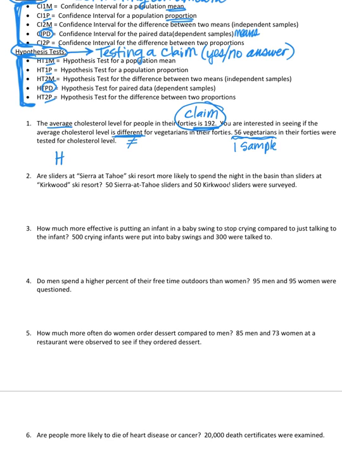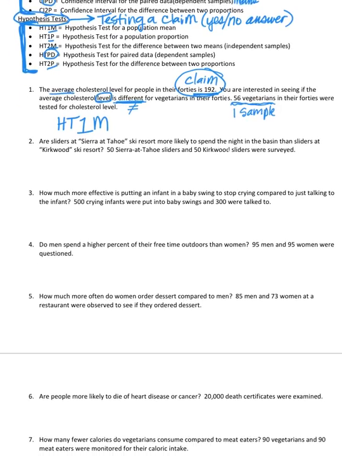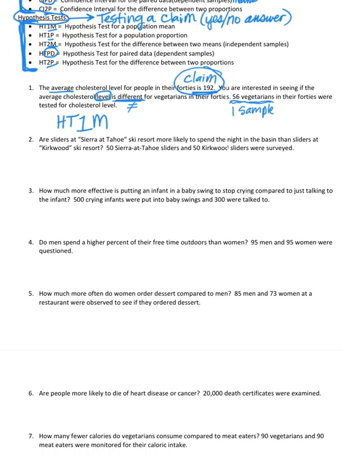Therefore, my decision is that this is a hypothesis test for one, and then these are cholesterol levels, so those would be numerical amounts, so that's a mean. So a hypothesis test for one mean. Read the next one to yourself and talk through that one and see what you think. Do that now.